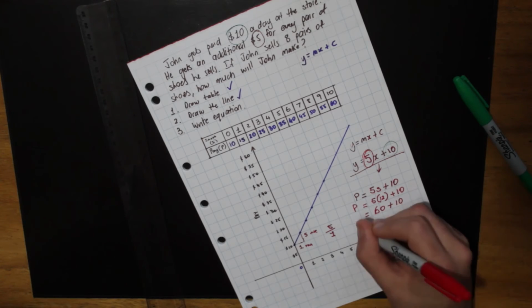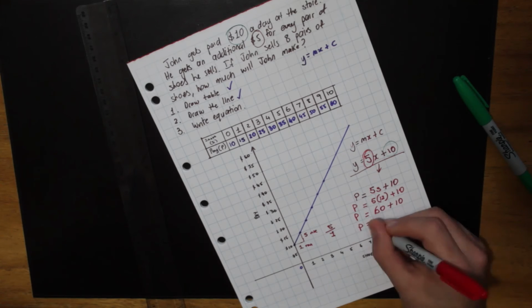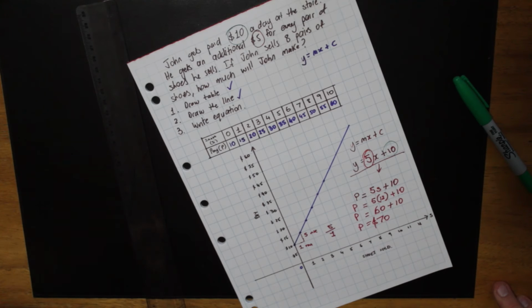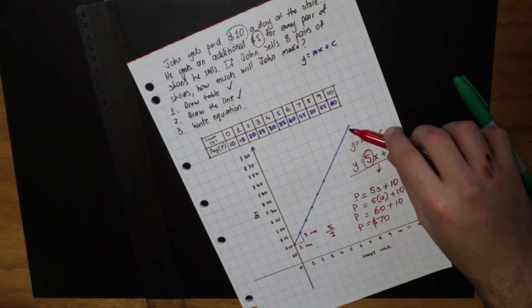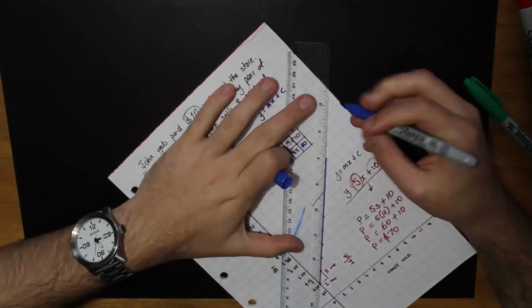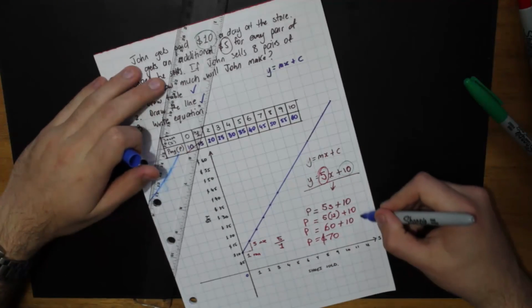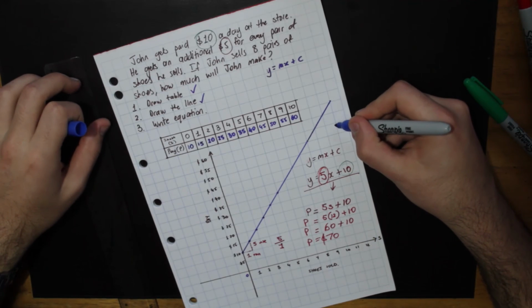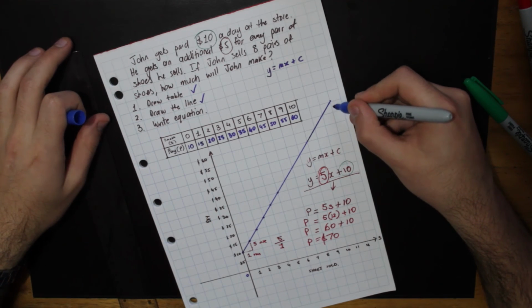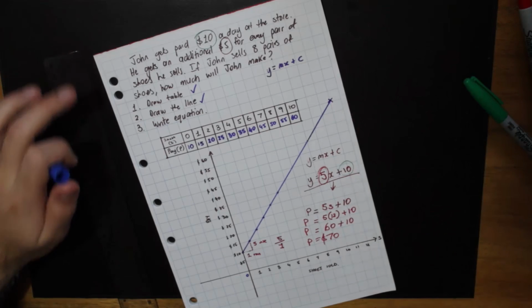Plus 10. So his pay is going to be $70 for that day. And that is how this all relates. And if we were to continue this line up here, follow this line all the way along, and we look at 12, and we kept going up, we would see that John would make $70 here.